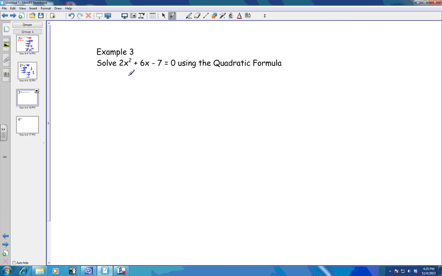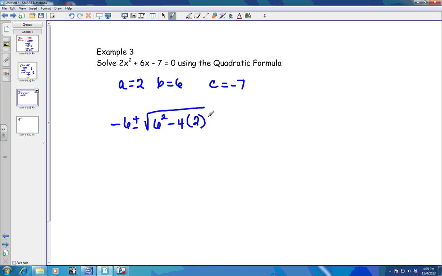Example 3, same thing. My a is 2, my b is 6, my c is negative 7. Okay, so negative b. So negative 6 plus or minus the square root, b squared, so 6 squared, minus 4 times 2 times negative 7, because that's my 4ac, all over 2a.